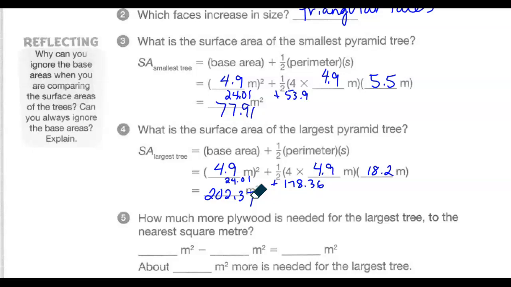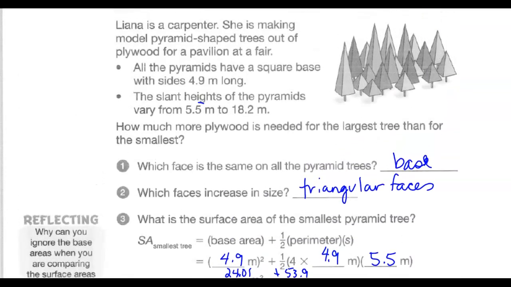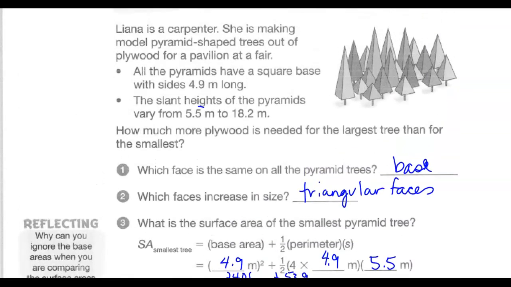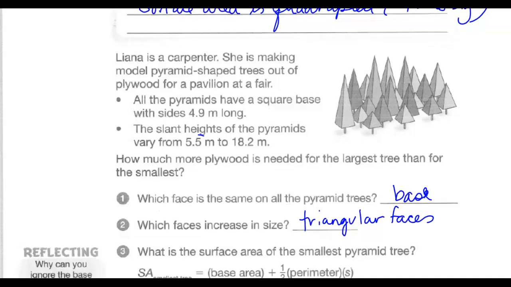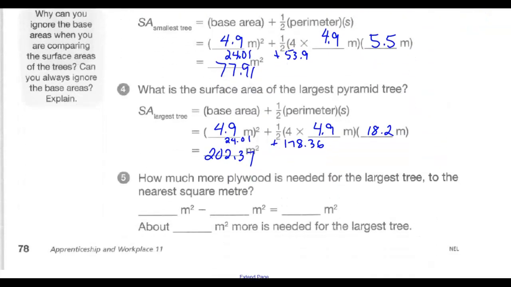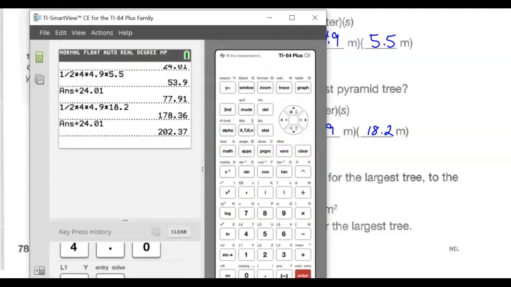Okay. How much more plywood is needed for the largest tree to the nearest square meter? Right. So, yeah, we're not even quadrupling it or anything right now. Anyway, so we'll subtract that. So the answer is already in my calculator.